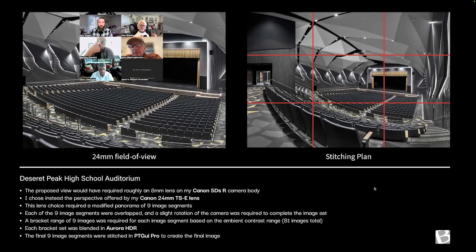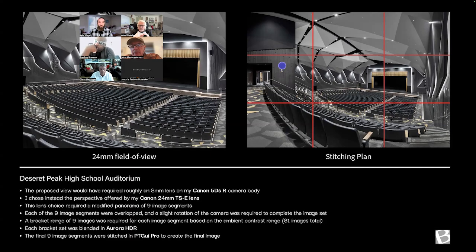Well, honestly, the stitching is less finicky than you'd think on something like this. If you do overlap, and I'm overlapping like 25% on these, the software has an auto align feature, and it's going to find those control points on its own generally.